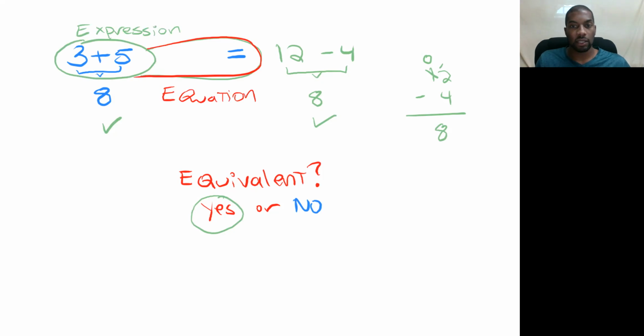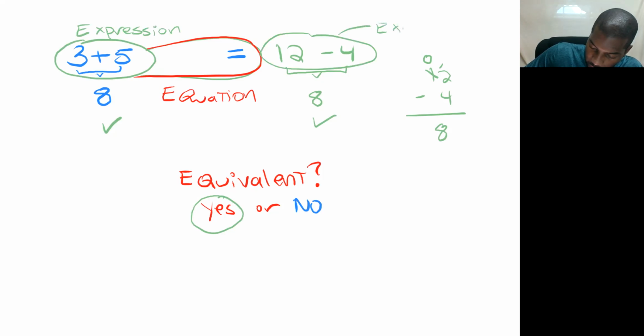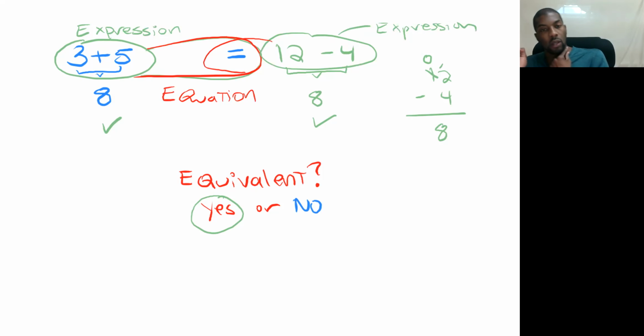Same thing over here. 12 minus 4 is an expression. 12 minus 4 equals something is an equation. And the question we have is, are these two expressions equivalent? Are they equal to each other? In this case, it's yes. So make sure you have that written down in your notebook.